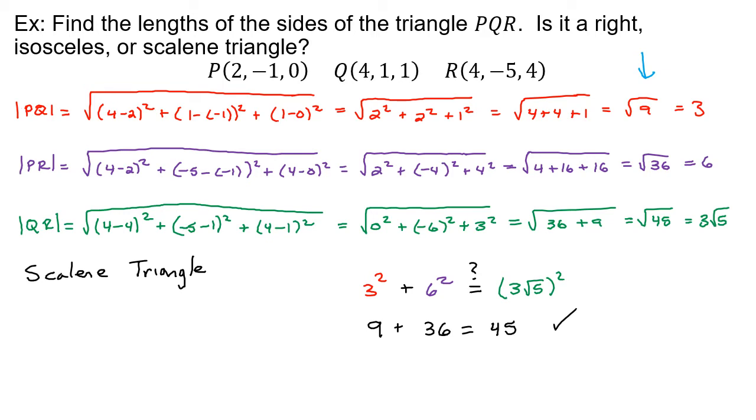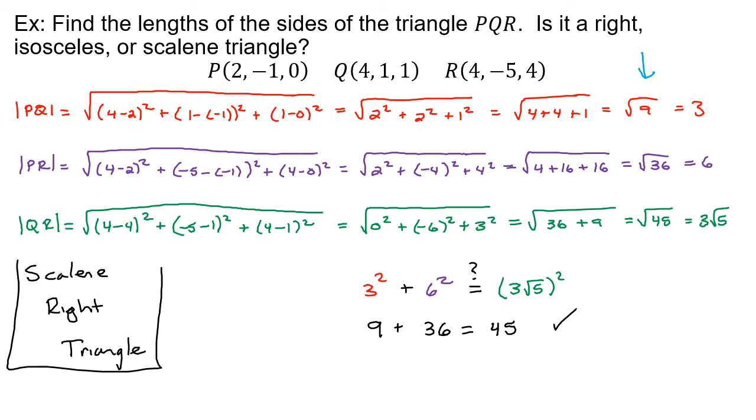So this is actually a right triangle as well. So on our labeling over here, you could either say it's a right scalene triangle, or you could say it's a scalene right triangle, whichever you want to do. But it is both scalene because all the sides are different, and it's right because the sides add up correctly using the Pythagorean theorem. So hopefully that's not too bad.